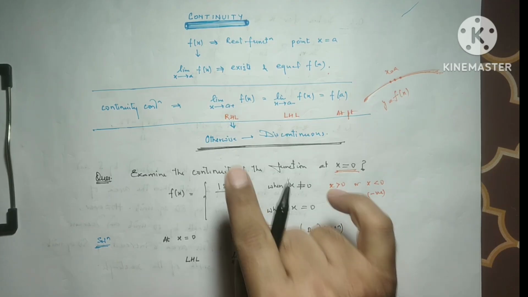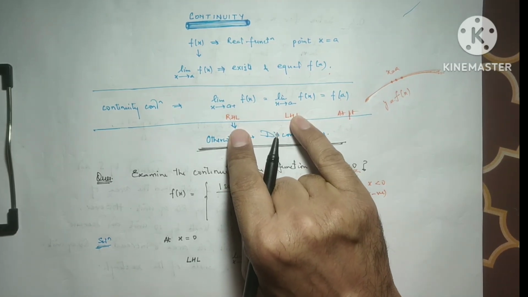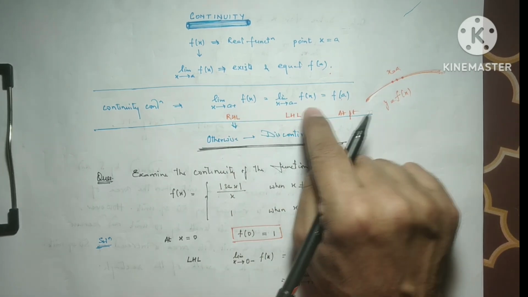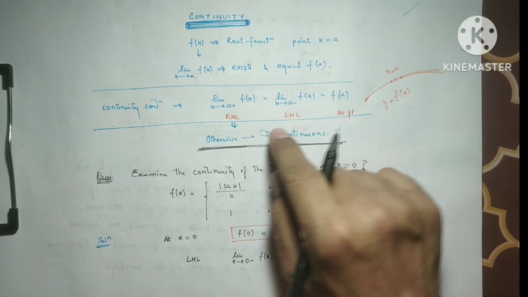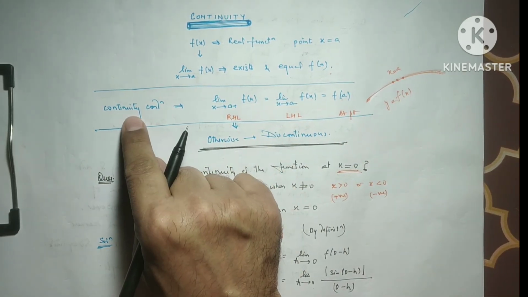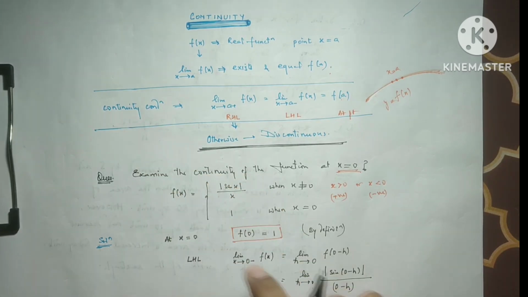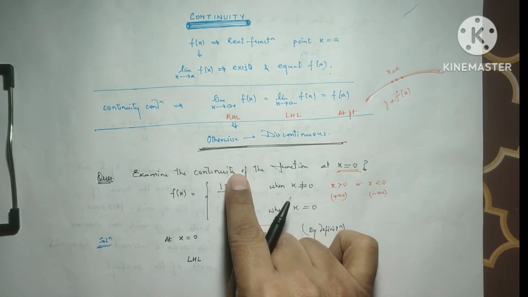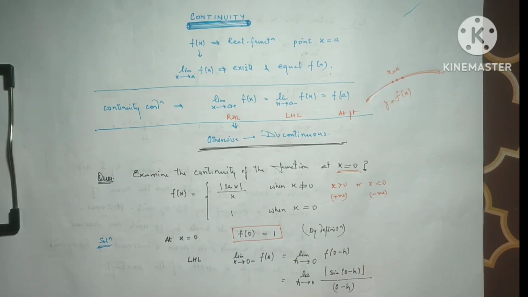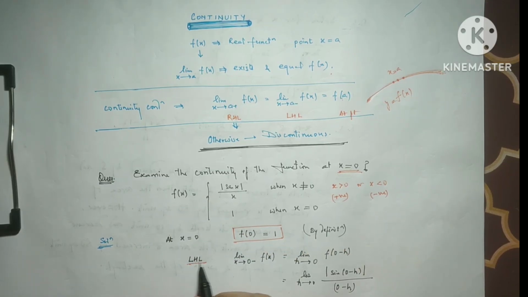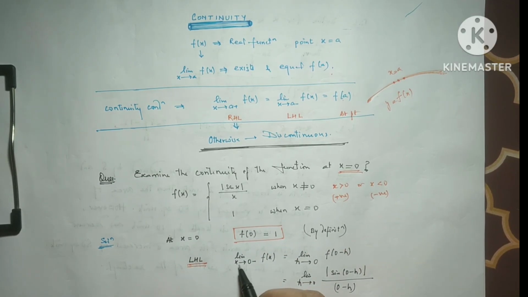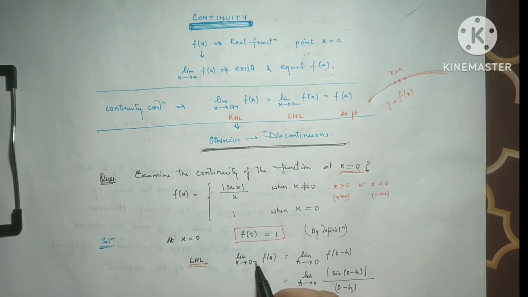If the right hand limit and left hand limit are both equal to 1, so all three values are equal to 1, so we can say this fulfills the continuity condition, or you can say this function is continuous, right?